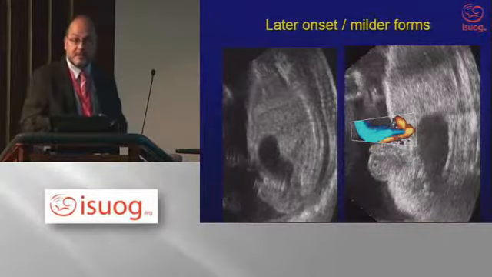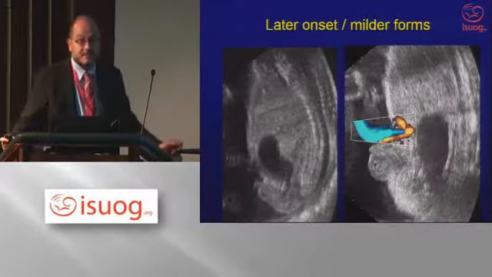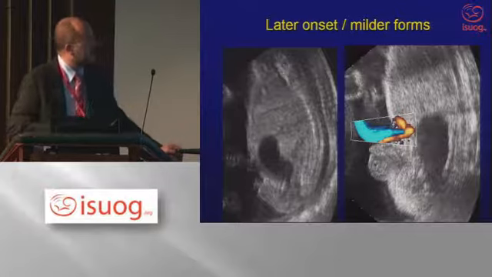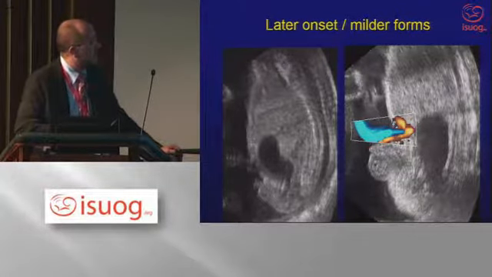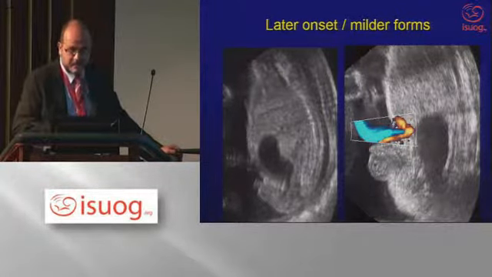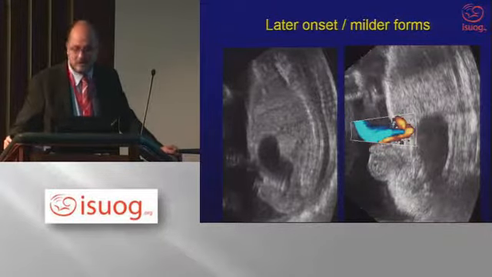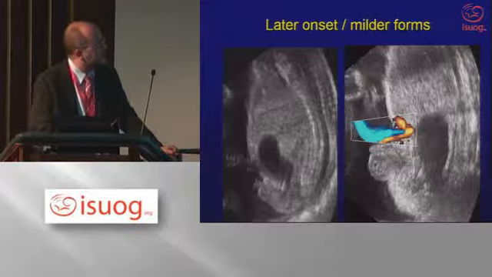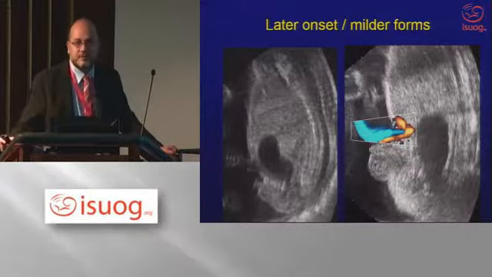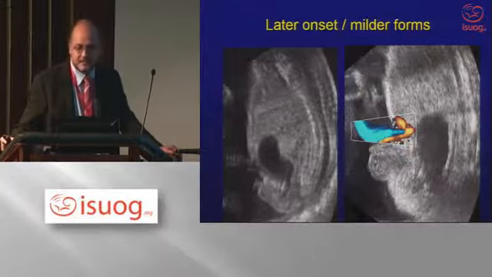Apart from the first trimester, you can diagnose megacystis sometimes later on in pregnancy. These are late diagnoses of megacystis. Often difficult a little bit to diagnose later on in pregnancy, but if the bladder is above the upper limit of the insertion of the umbilical cord, that's likely to be significant.